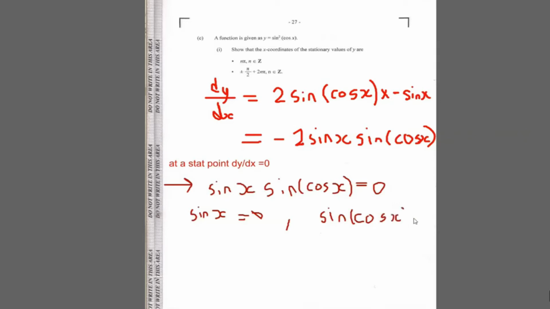Now, when you're solving this part, now this is nice. This part is relatively fine. If sine x equals 0, then the general solution will be sine inverse of 0, which is 0. Then you have pi. Sine inverse of 0 is 0, so you get 0 plus 2n pi.